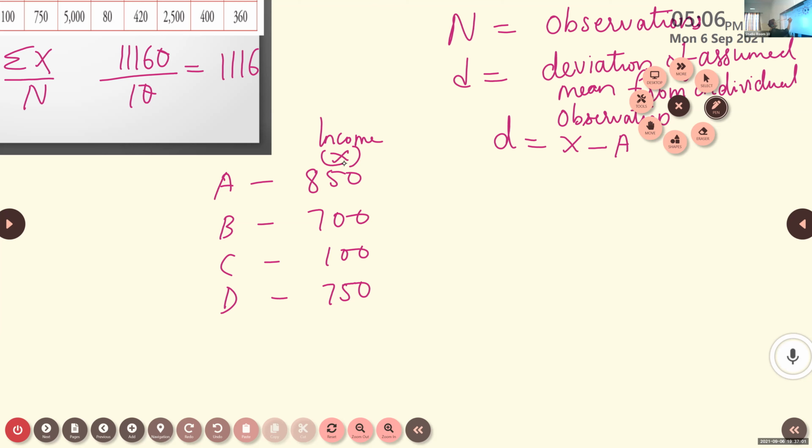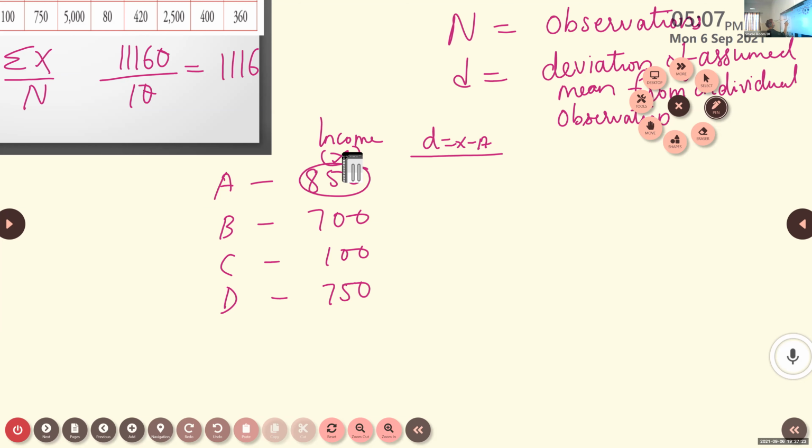Now the next column, D is equal to X minus A. What is D here? X minus A. So how to get that? According to your textbook, they have taken 850 as the assumed mean.